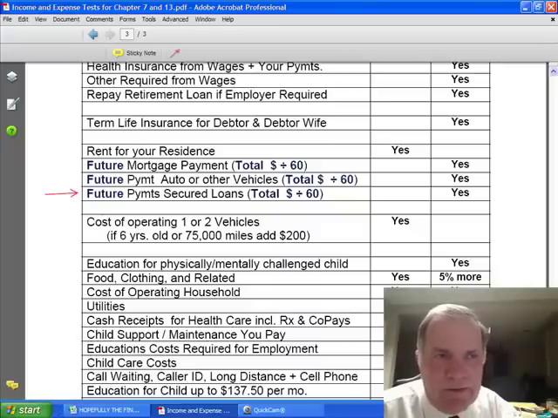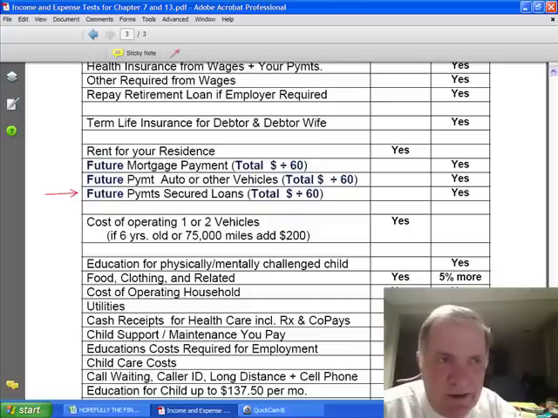Now, let's take an example. Let's say there are 2 cars in your family, and you also have a motorcycle, and you drive the motorcycle some days to work. We cannot include the expense for the motorcycle. We are limited to 2 vehicles. At the same time, let's assume you have 2 cars, and one car is 6 years old, and the other car is 3 years old, but it has more than 75,000 miles.